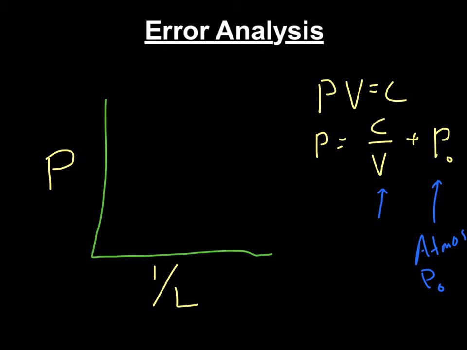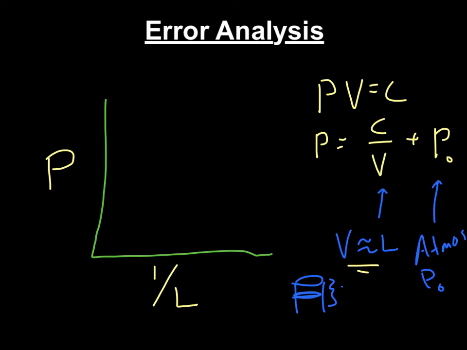So for volume, we're going to approximate V equal to L. The reason we can do this is if you have some cylinder, the width of the cylinder stays the same. The only thing you're changing is the height of the cylinder. So we're just going to approximate V with L.